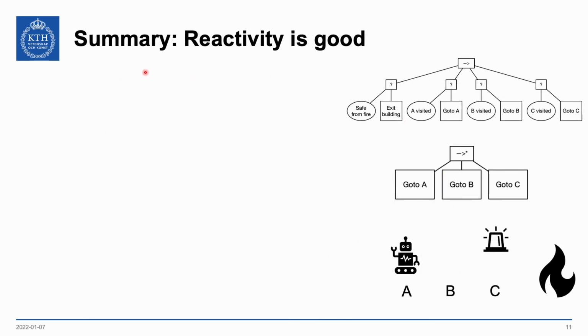So, to summarize this short video, reactivity is good to handle cases like the fire alarm and other agents doing stuff that you need to react to. It's a good design rule of thumb to have the response depend only on the current state. So no memory nodes. I think it becomes harder to read if you add the memory nodes.